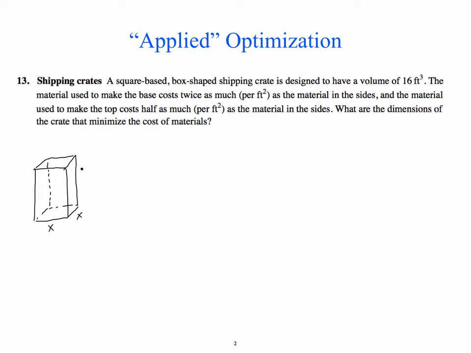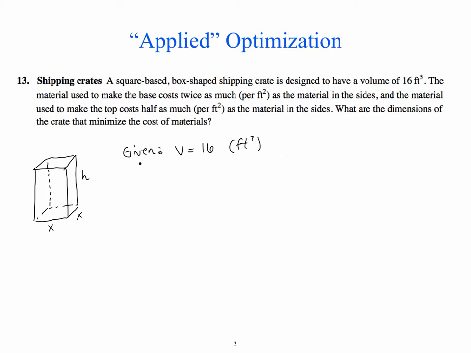Because it's a square. And then there's some height to this box, okay? What do they tell me about the box? They tell me that the volume of the box is 16 cubic feet. Okay?